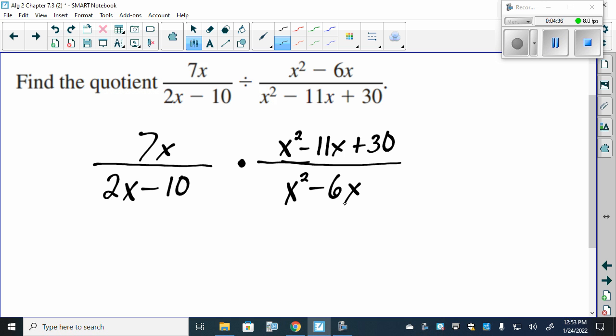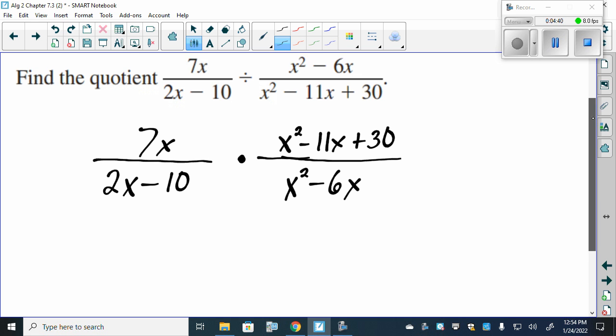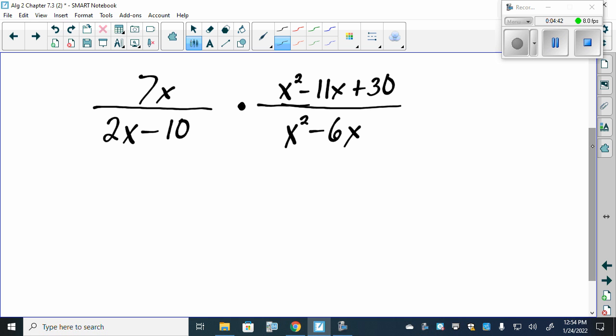Now from here, everything we did last week is going to be the exact same. Now we just need to factor, and once we finish factoring, we'll multiply and simplify.